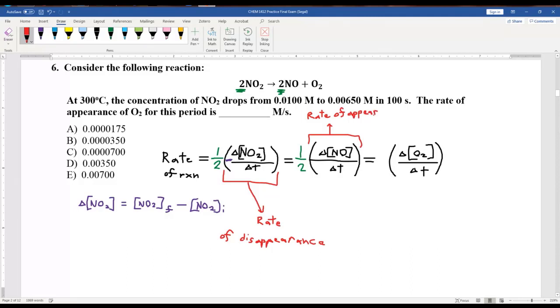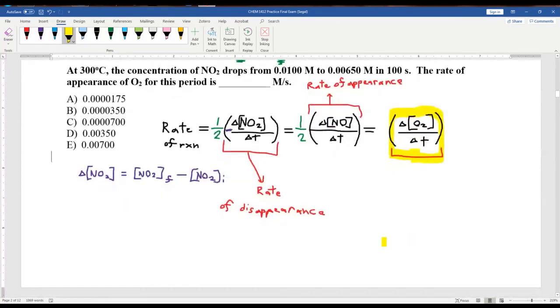Specifically, that would be the rate of appearance of NO. In this case, what the problem is actually asking you for is the rate of appearance of O2. Well, the rate of appearance of O2 is this. So this is what you're actually being asked for.